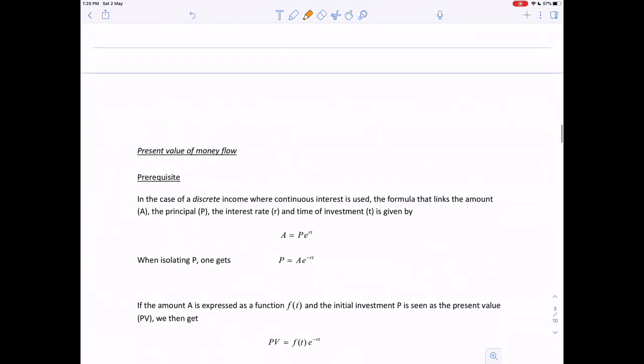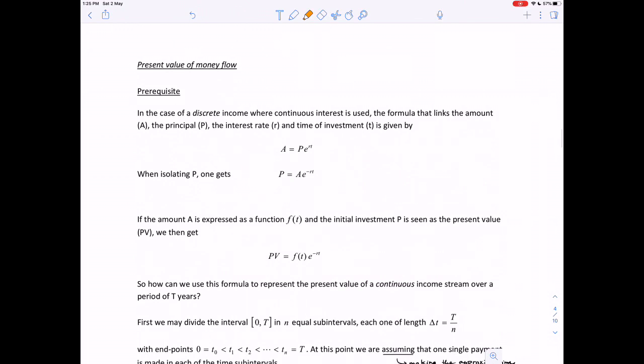And so if we look here at continuous compounding and ask, what is the present value of a given money flow? A given money flow, remember, is from t1 to t2 of the income stream f of t dt. Well, if we're talking about a present value, then we always want to start this at 0.